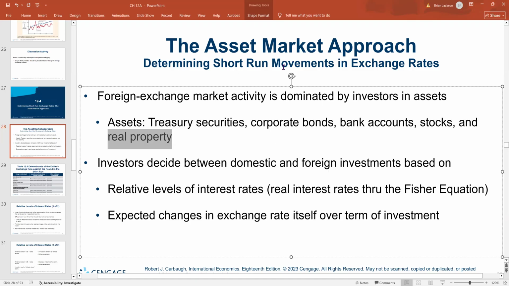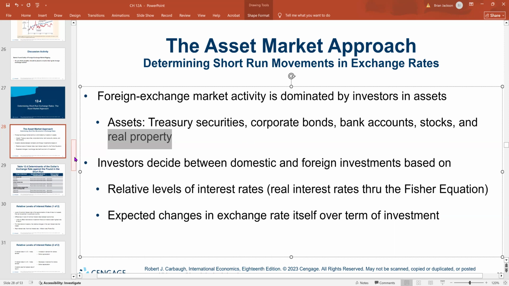And the asset market approach, though, is a little different way of trying to capture movements in the exchange rate, say between the dollar and the British pound, by looking at the attractiveness of assets between the two countries. And that's measured in what's called the real rate of return, or the real interest rate. So you have to keep inflation in mind.